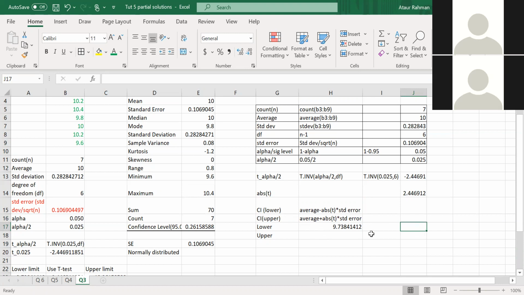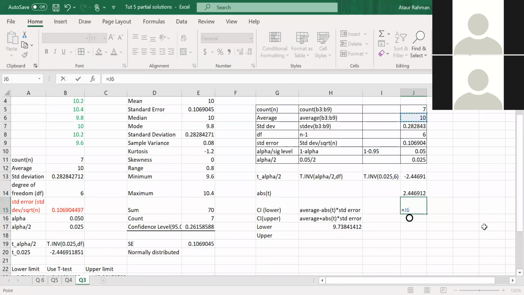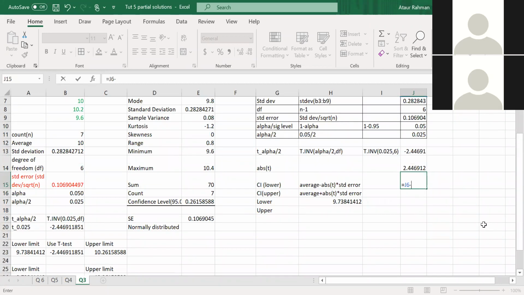Okay, so confidence interval lower, I think I should have put the number here because we are putting the answer there. So average is here, and then minus absolute value of t is here times our standard error is here. And what is our upper limit?